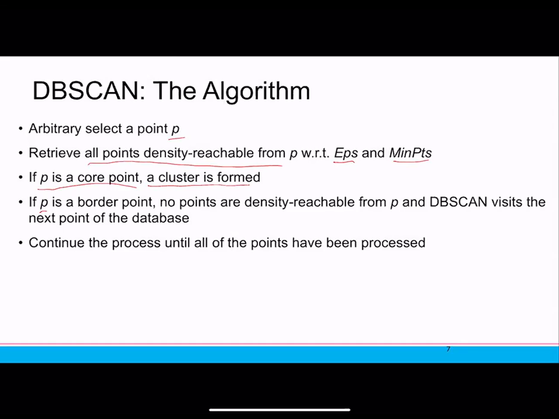If P is a border point, there will be no points density reachable from P, so let's use the next point of the database. Continue the process until all the points have been processed.